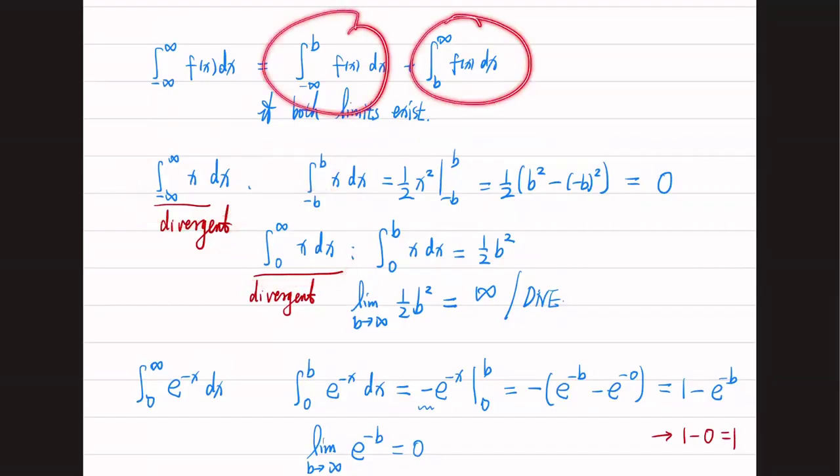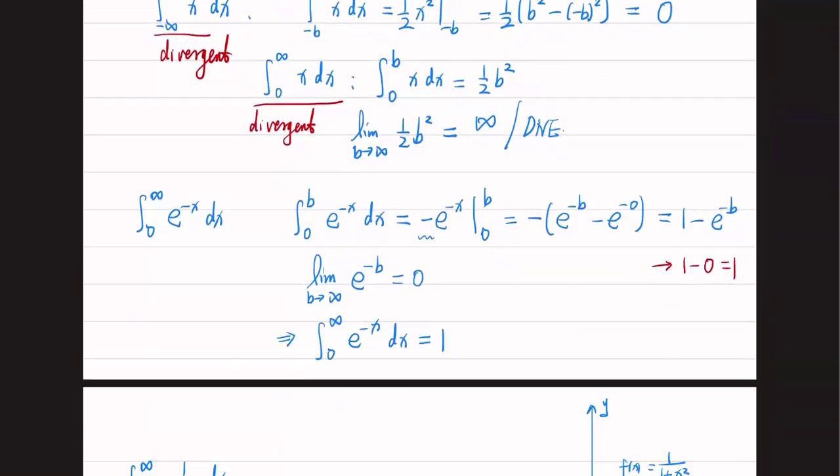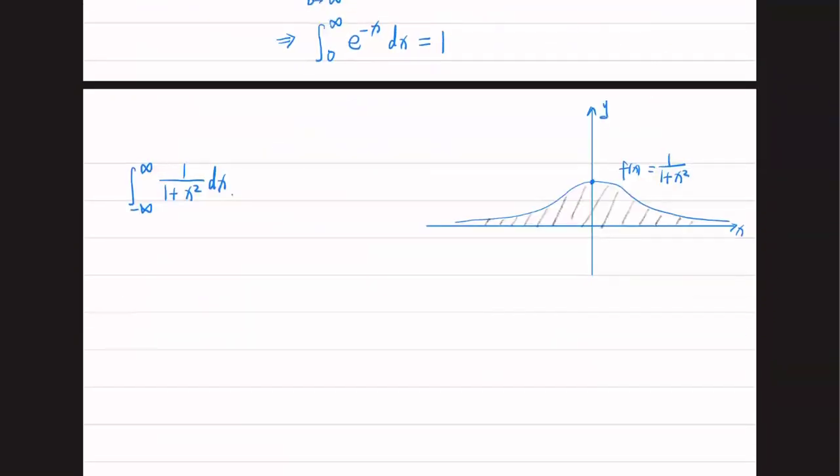So let's break this into two sides. First part, from 0 to infinity. Again, we will start from 0 to b, 1 over 1 plus x squared dx.